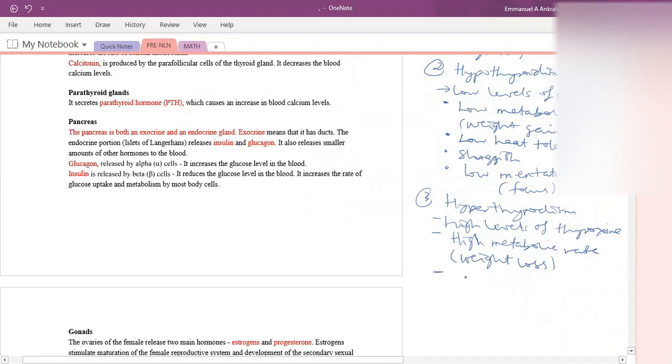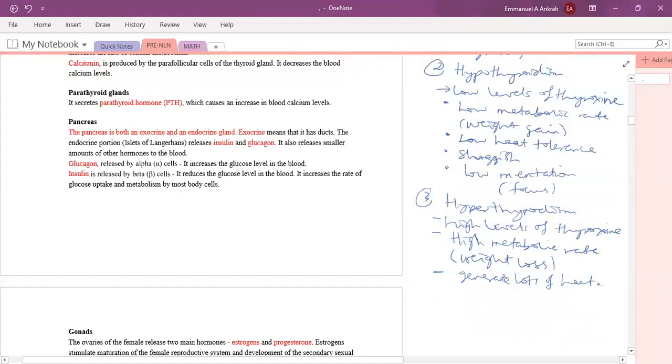They generate lots of heat. So because of that, the room temperature is fine, but they will tell you that the room is too hot, because they're already hot.